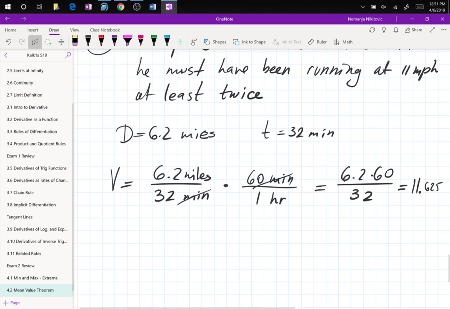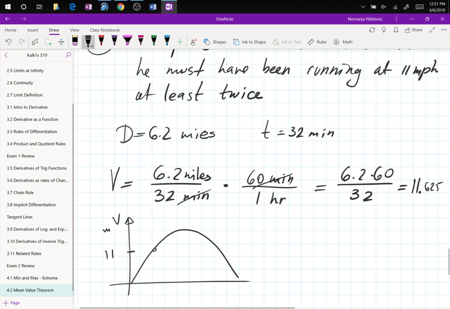So this is where 11 is. This is velocity in miles per hour, and this is time. You start with the velocity 0, you end your race with the velocity 0. When the race is done, you stop.